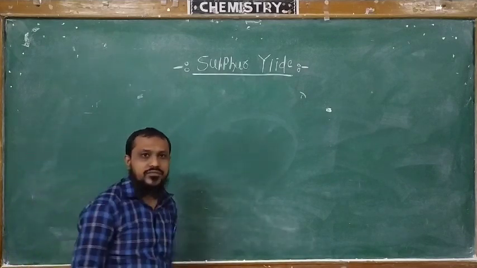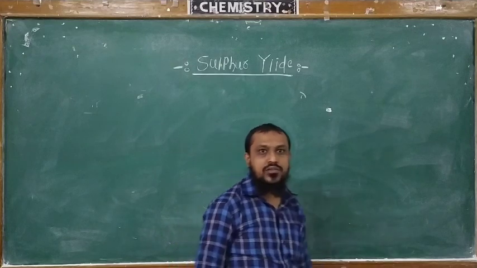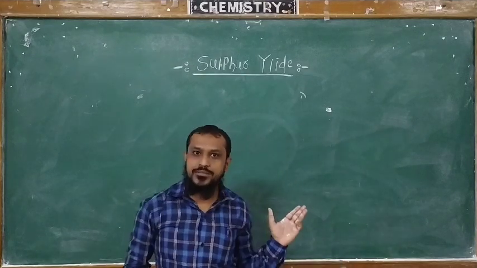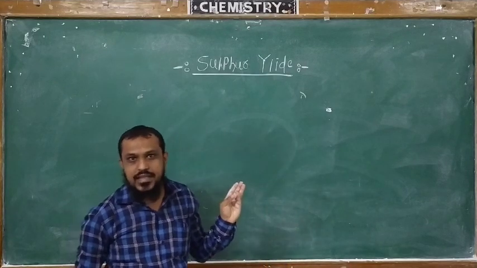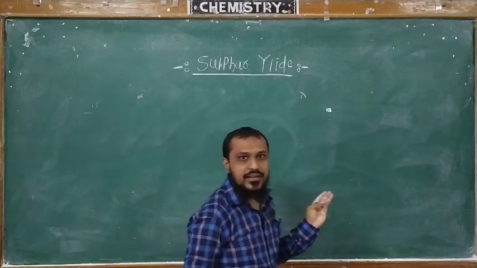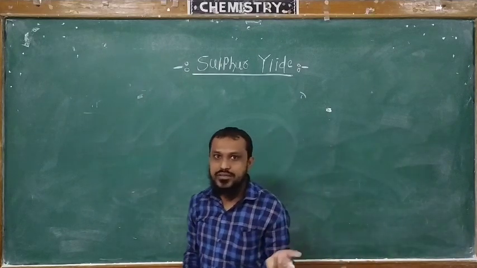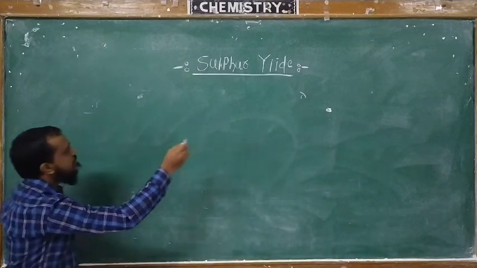The first type of sulfur ylide, sulfonium ylide, is also categorized into two types. First one is stabilized sulfonium ylide and second one is unstabilized sulfonium ylide. Let's see here.